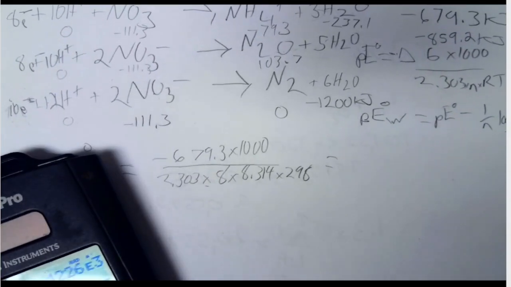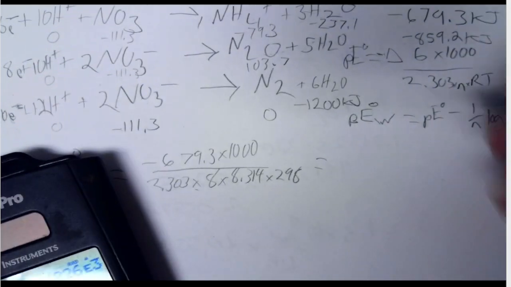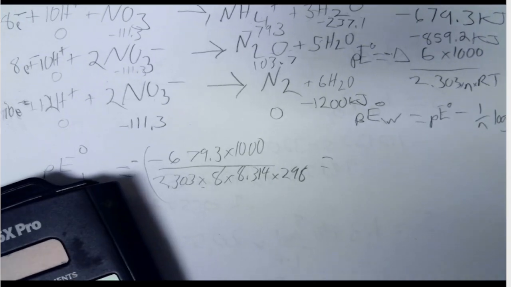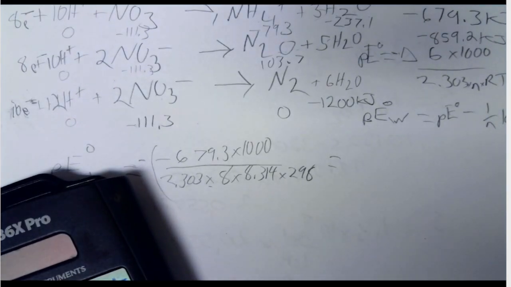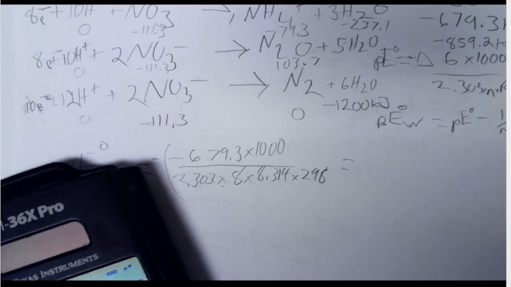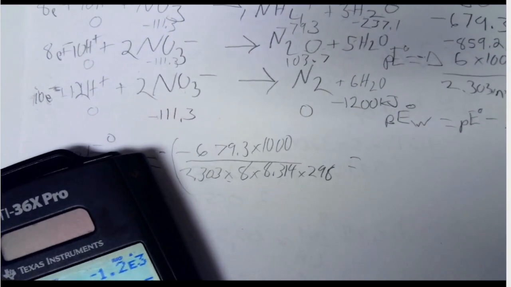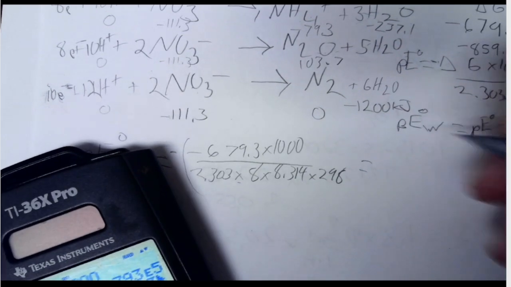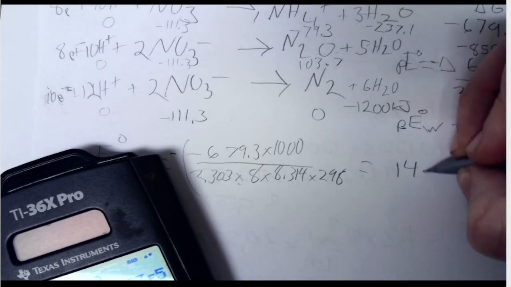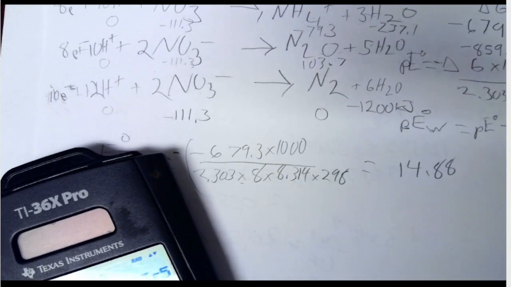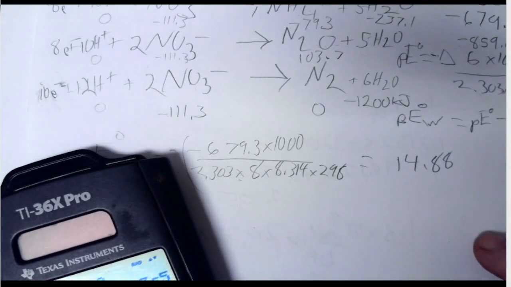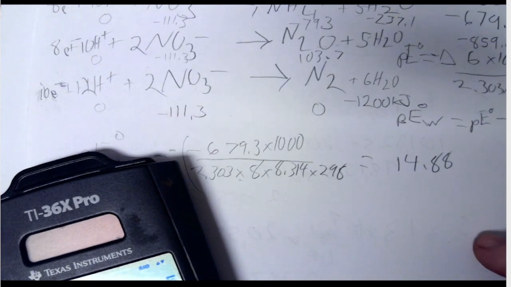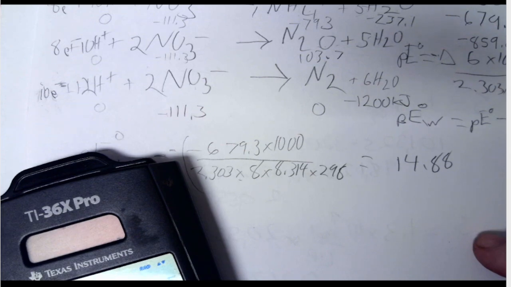And it's negative. So PE of something like 14.88 for the first one.